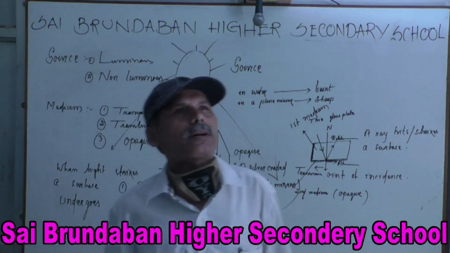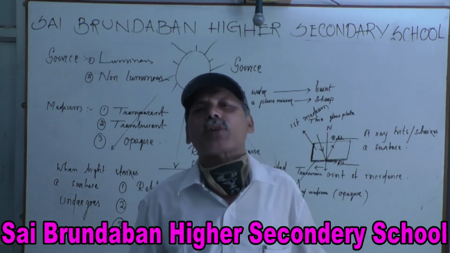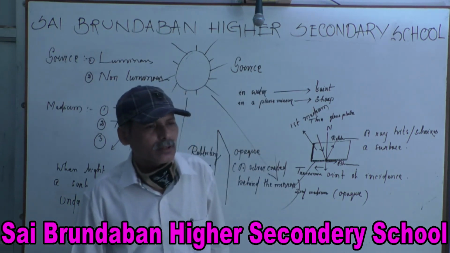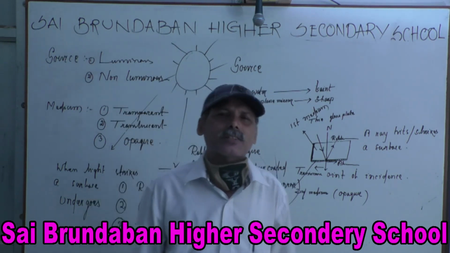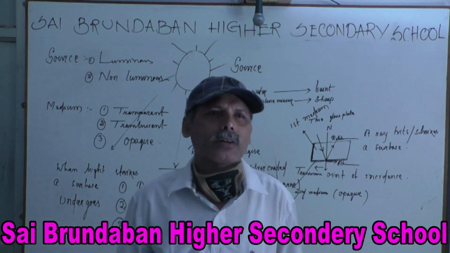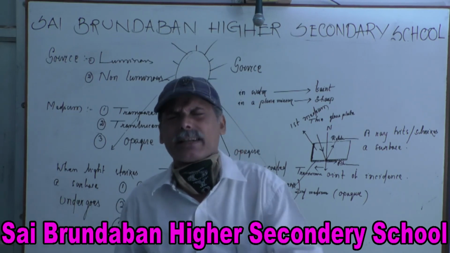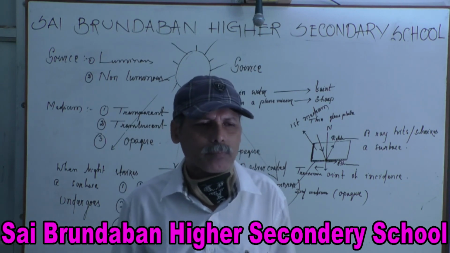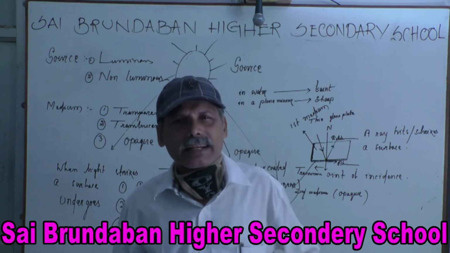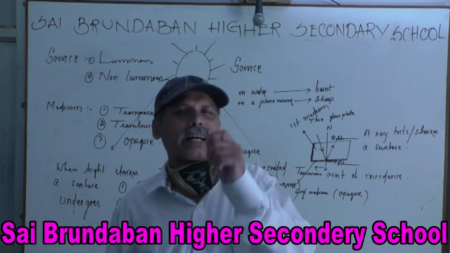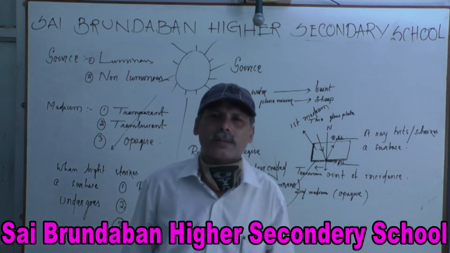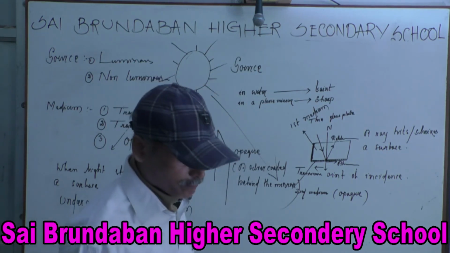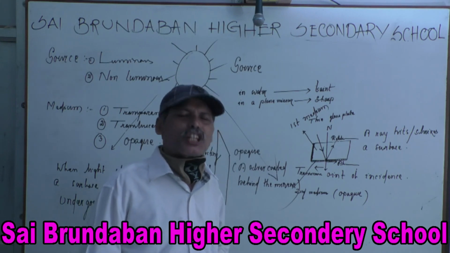Let's move to another question. In ray optics, what are the characteristics we have to study? In ray optics, we will study 4 characters. Number 1, reflection. Number 2, refraction. Number 3, dispersion.